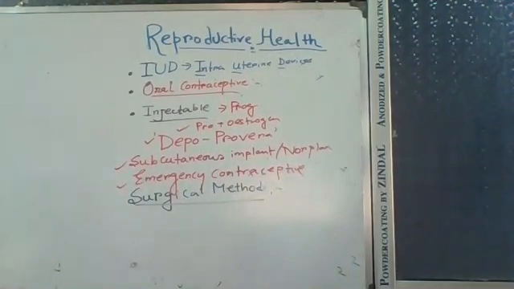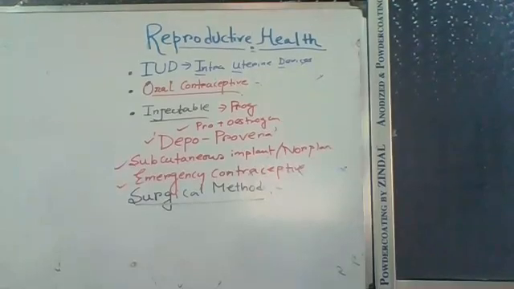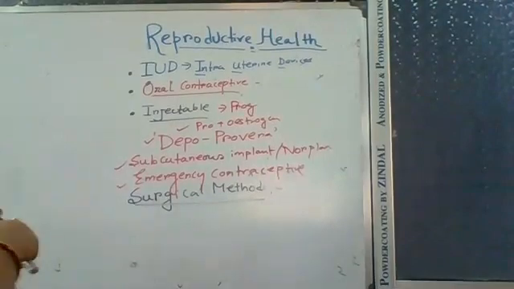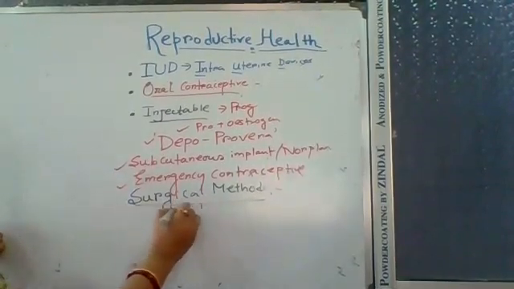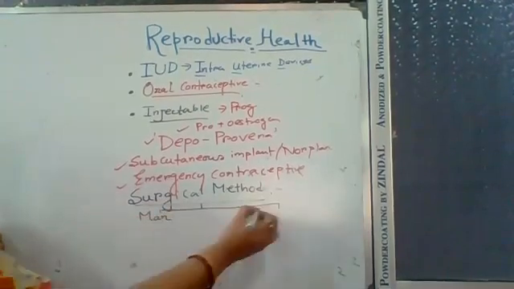It is very effective, but reversibility is poor as it is a terminal method, right? So তাহলে এই যে surgical method, or these are also known as permanent methods, আমরা mainly দুটো pathway-তে divide করছি, for man and woman.